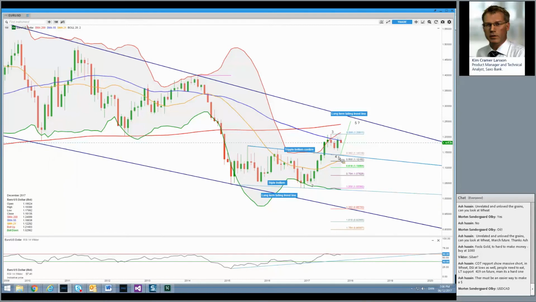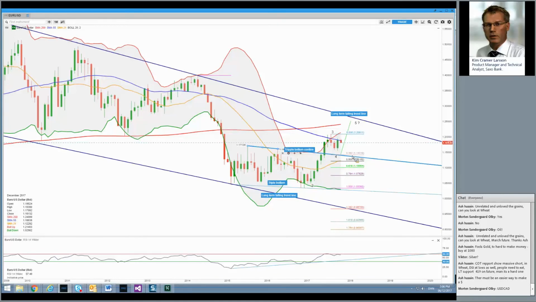Honestly, I did predict we should test this falling trend line, or this triple bottom confirmation line, down to around 114. We didn't quite get there before it started picking up, but maybe we'll get there. Maybe it's just an A, B, C down to 114 in the coming months.